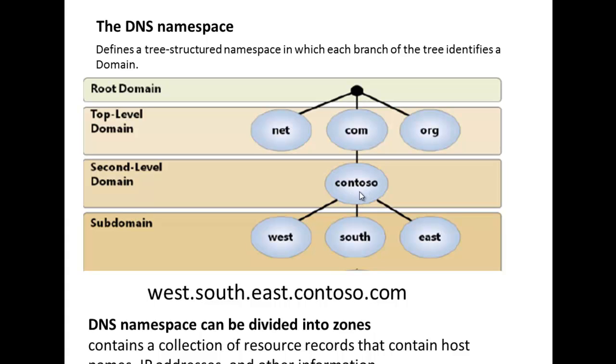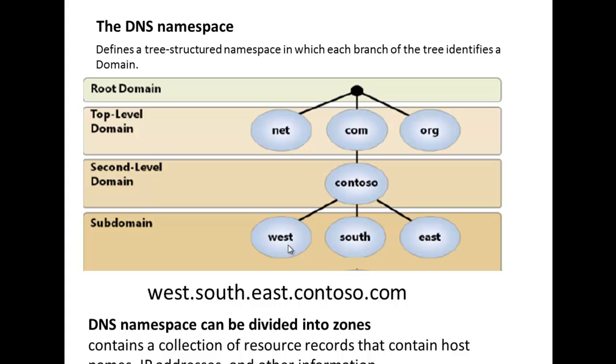So within the Contoso zone, you will have resource records, host names and IP addresses, and other information for Contoso. Then you're going to have another set of records for west, because you will have a west zone. You will have another set of records for south, because you will have a south zone. You will have another set of records for east, because you will have an east zone.